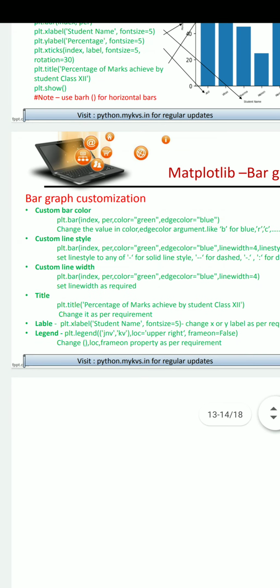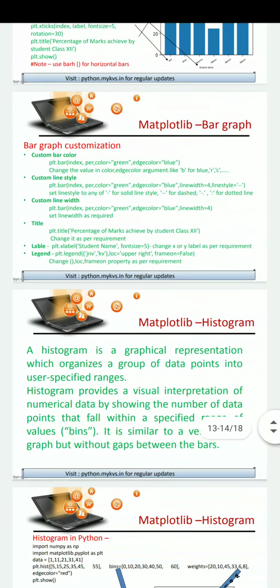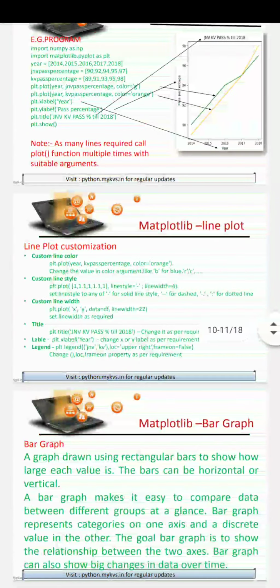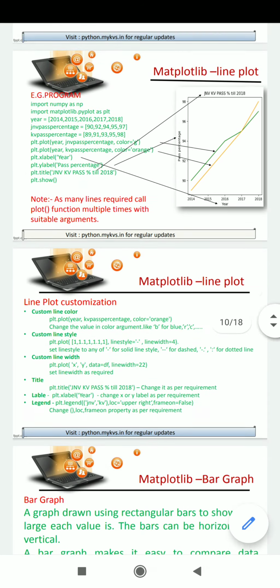In this graph, there is no legend option. Legend is something that is displayed in the top right corner or bottom right corner or bottom left corner. In brackets something is written, that red color is for this one and green color is for this one. So that is displayed, that is legend.